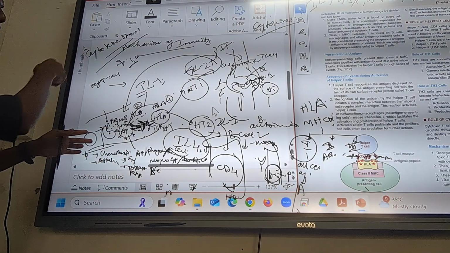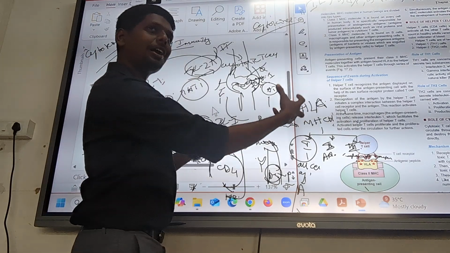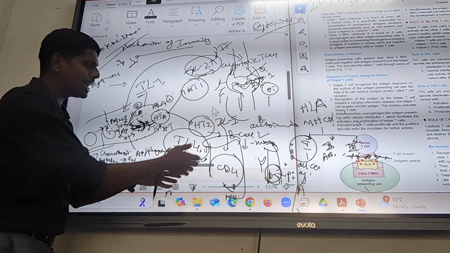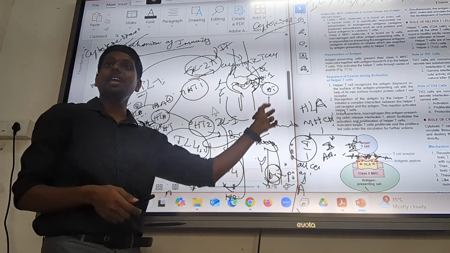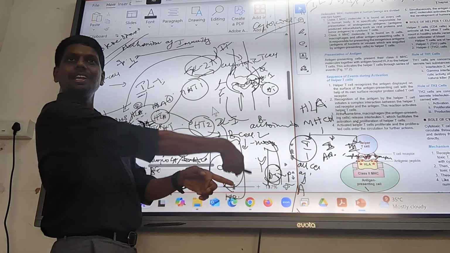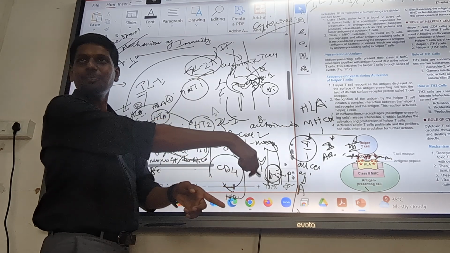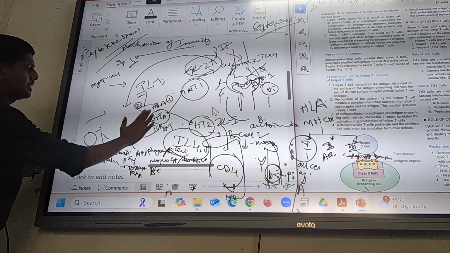Once we know how it works, we can tamper with it and use it for our own applications, like the test tube example I gave. I took just a B cell and I need to make it into a plasma cell. I just need to add these cytokines and that will activate the cell and it will produce what I expected. Yeah. Now let me tell you another thing.